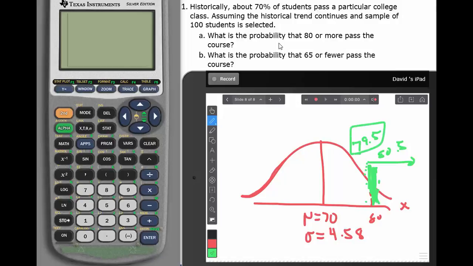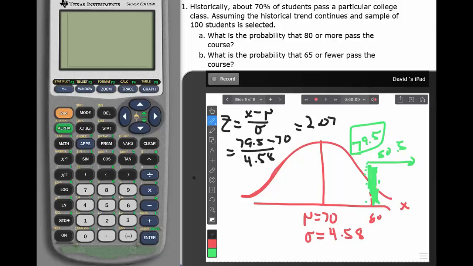So we're going to be looking at 79.5. And so when we do our calculations, it's just going to be z is equal to x minus mu over sigma. And it's going to be 79.5 minus 70 over 4.58. And that's going to give us 2.07.